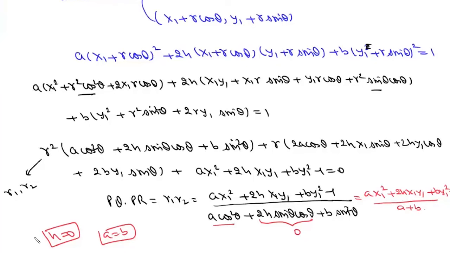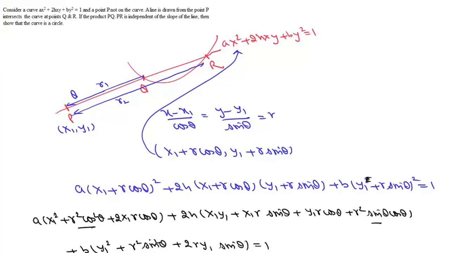So for this curve, the product PQ into PR is independent of the slope if h is 0 and a equals b. Now if h is 0 and a equals b, we can write this equation as a(x square plus y square) equals 1, which is basically the equation of a circle. So this curve is a circle.